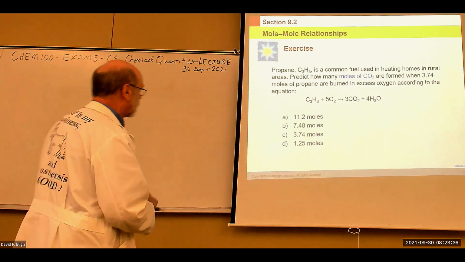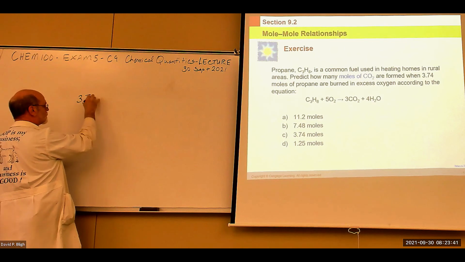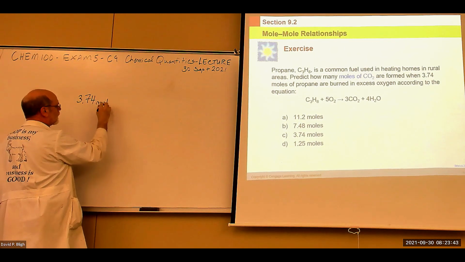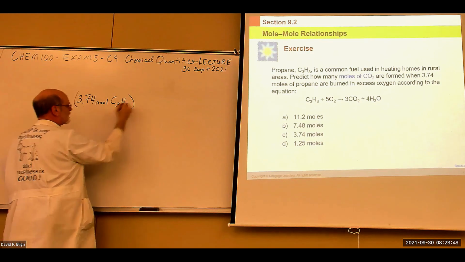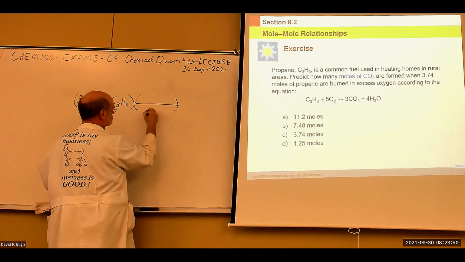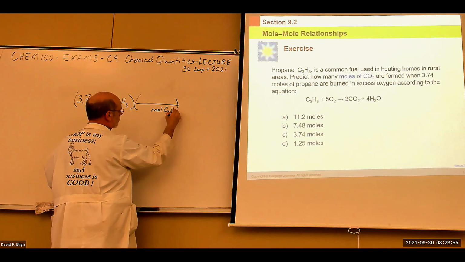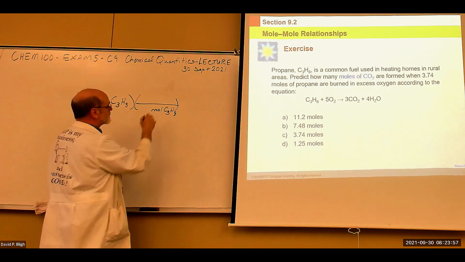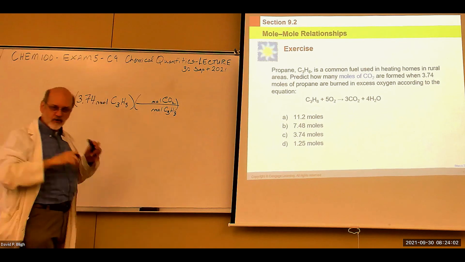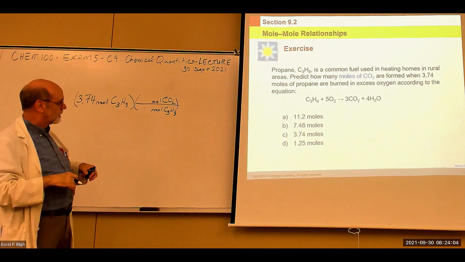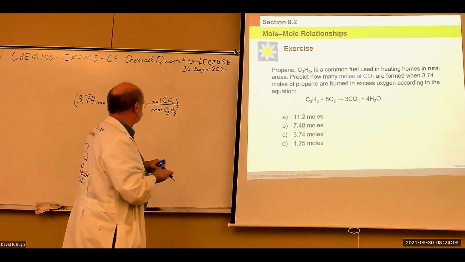Okay. So if we start with 3.74 moles of propane, and we want to convert it to carbon dioxide, all we need is the correct ratio of those two. So carbon dioxide is here 3, propane is 1.